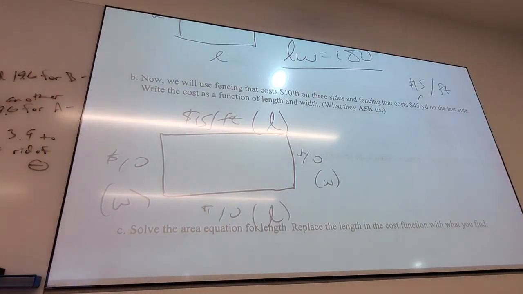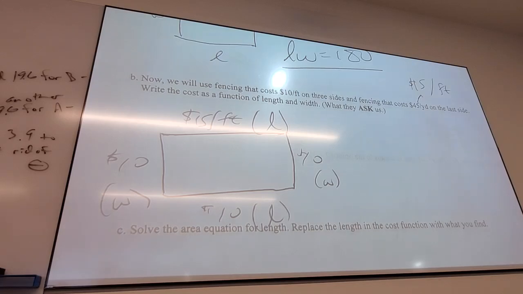So again, what's the cost? 15L plus 10W plus 10L plus 10W. Whatever L is, wouldn't I multiply by 15 for that one side? That would be the cost for that side. So algebra says, too bad, human. I know you don't like letters, but that's what it is. Whatever L is, the cost would be 15L. Now I do that for all the sides, get the total cost.